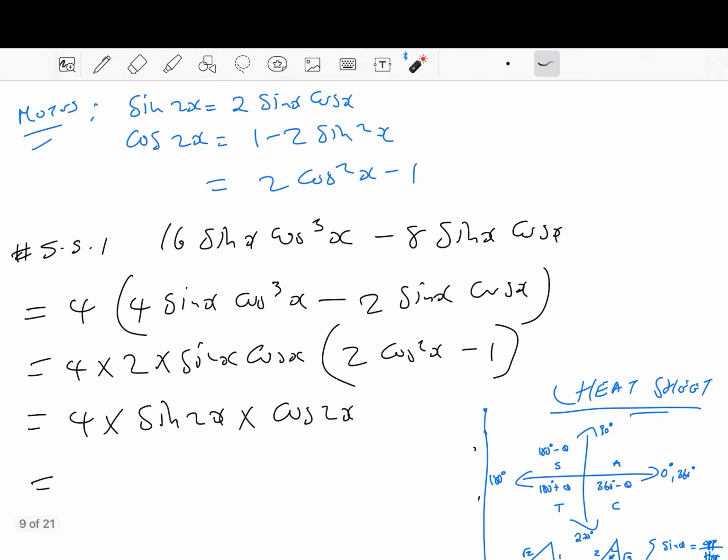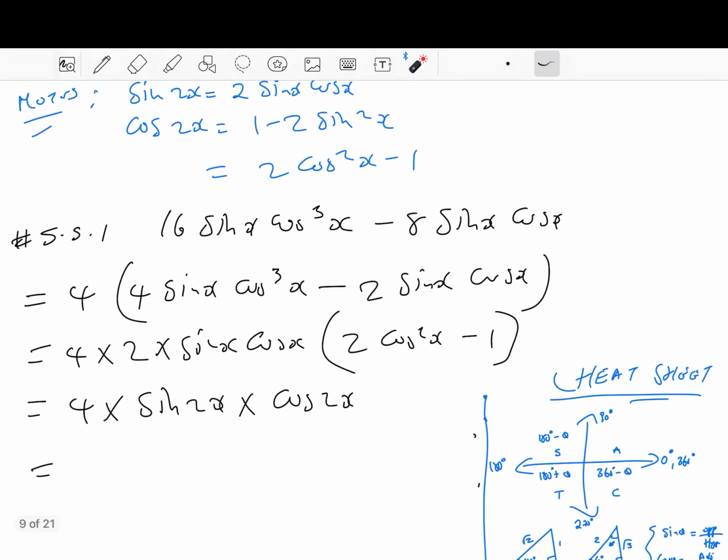Do you see that 4 sine 2x is almost similar to this thing here? It's just that it has a 4 instead of 2, so there's a multiplication of 2. They just multiplied the whole thing by 2. So this becomes 4, this is 2, this is 2.